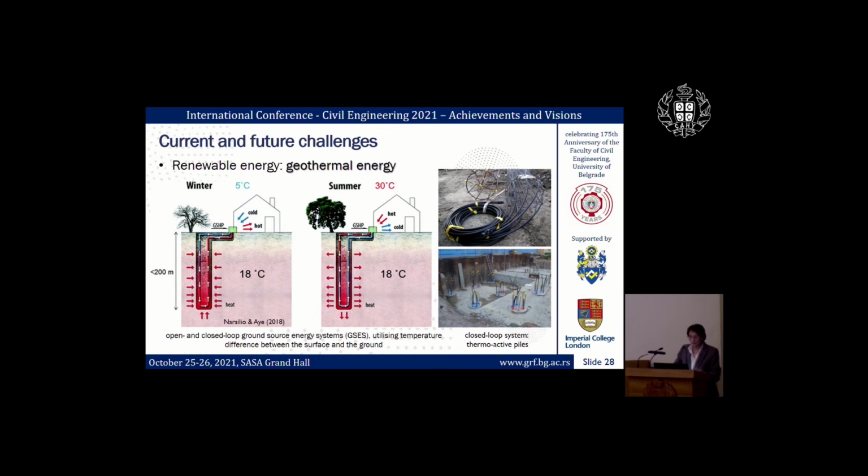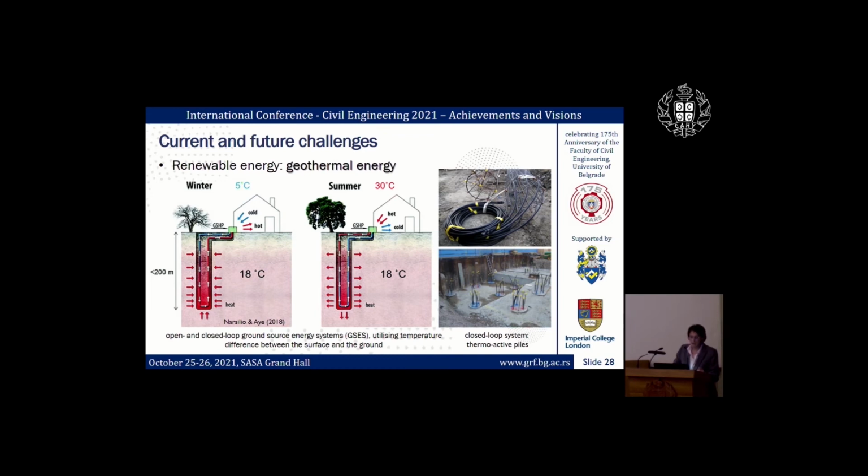It relies on the fact that the temperature of the ground itself, from about 10-meter depth onwards to about maybe 200-300 meter depth, is constant throughout the year. And therefore, what is utilized here in what are termed ground source energy systems is a difference in temperature between the air temperature and the ground in winter and in the summer.